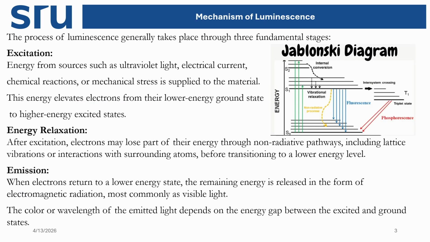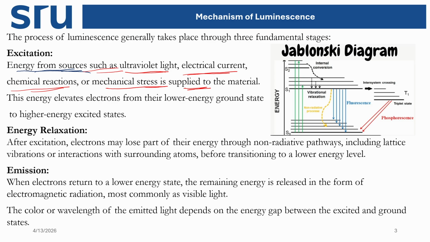The process takes place here. First, what we are doing is using an energy source, that is light. It may be ultraviolet light, electrical current, chemical reactions or mechanical stimulus, which from the outside we use as an energy source.